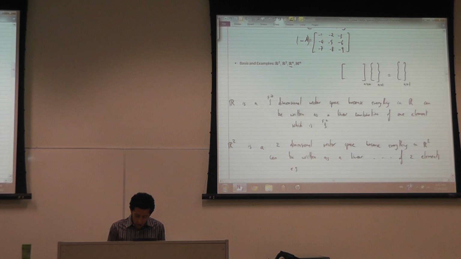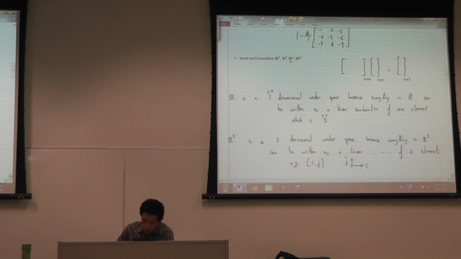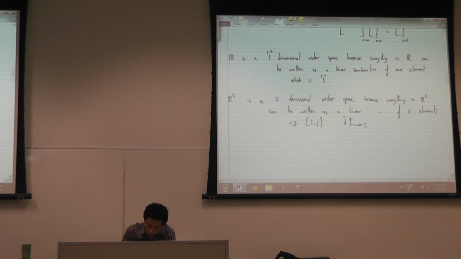Examples of those two elements are i and j. They're not the only ones, but they're possible ones. But you've studied i and j in your linear algebra. And so on. R3, 3 elements: i, j, k.